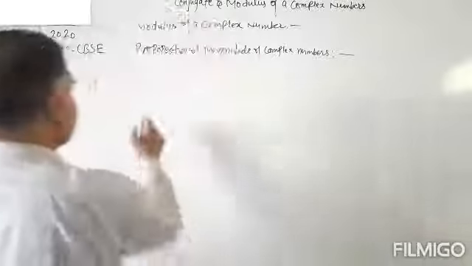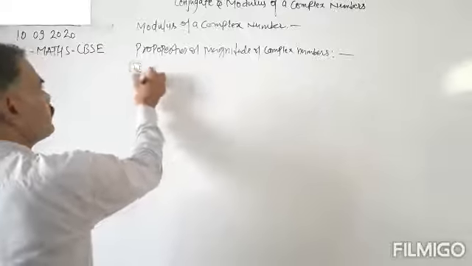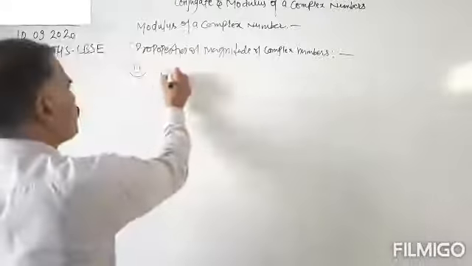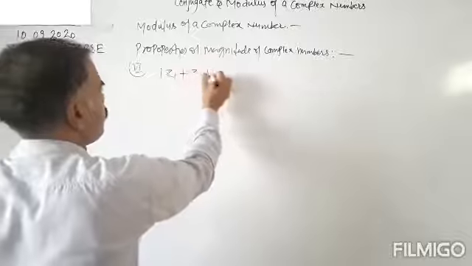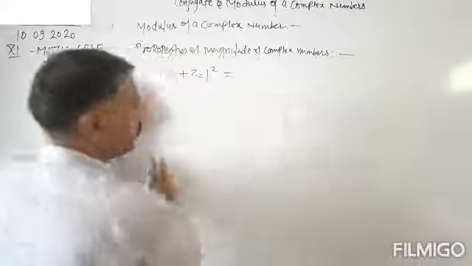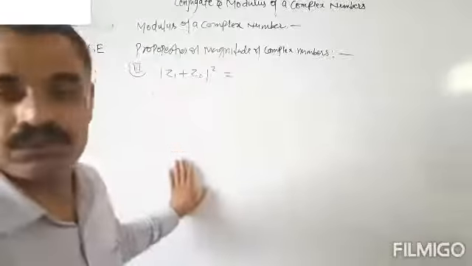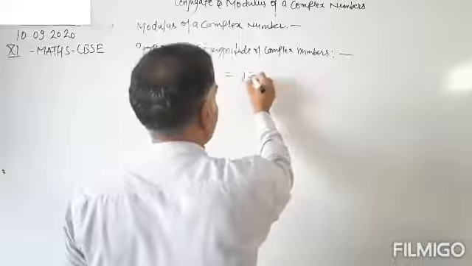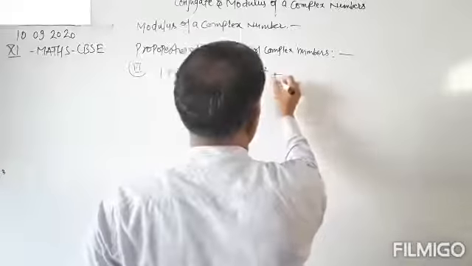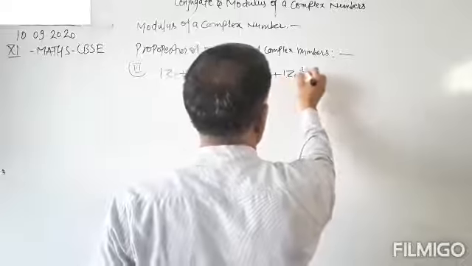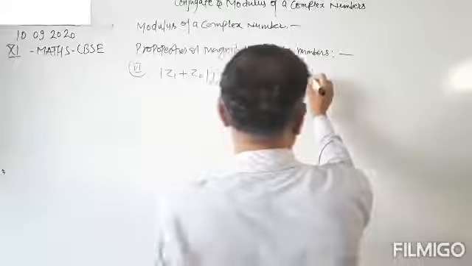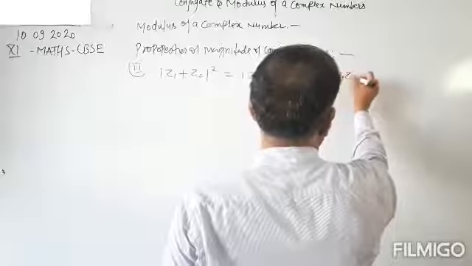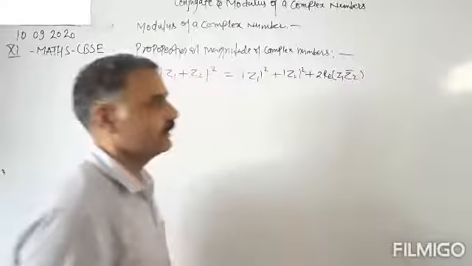The next property, that is the sixth property in this respect, is magnitude of z1 plus z2 whole square equals magnitude z1 square plus magnitude z2 square plus 2 real part of z1 z2 conjugate.